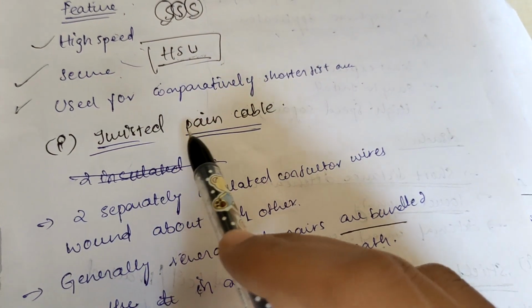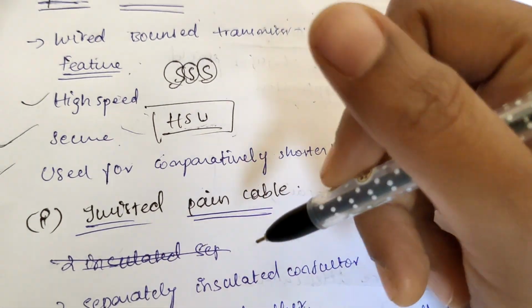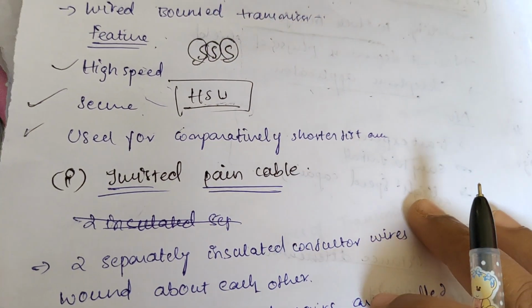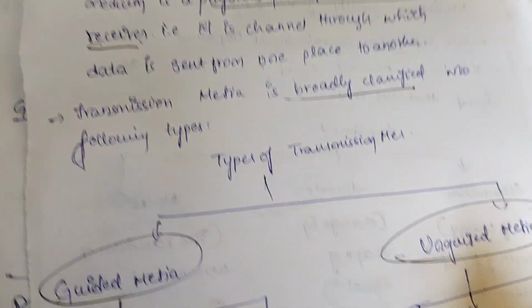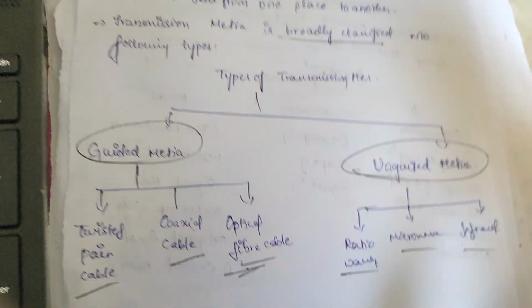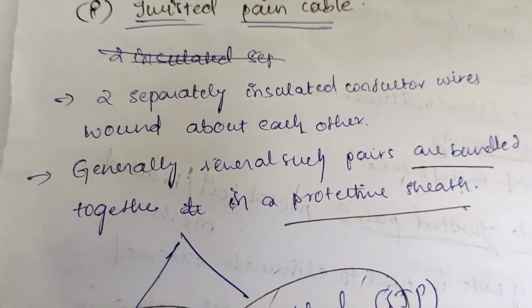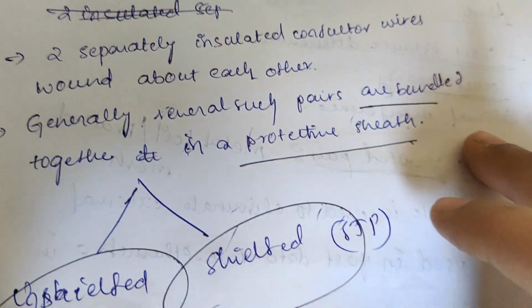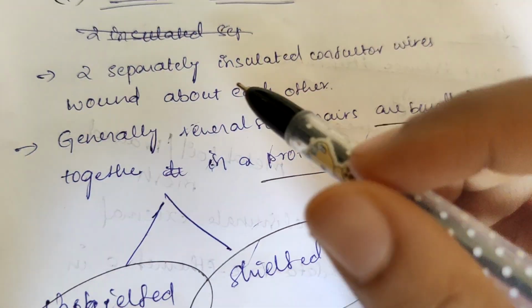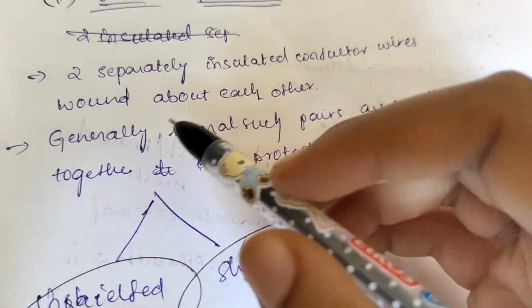The next one is twisted pair cable. In guided media I have three types, and the first type I'm going to speak about is twisted pair cable. I will show you the diagram also later in the video.